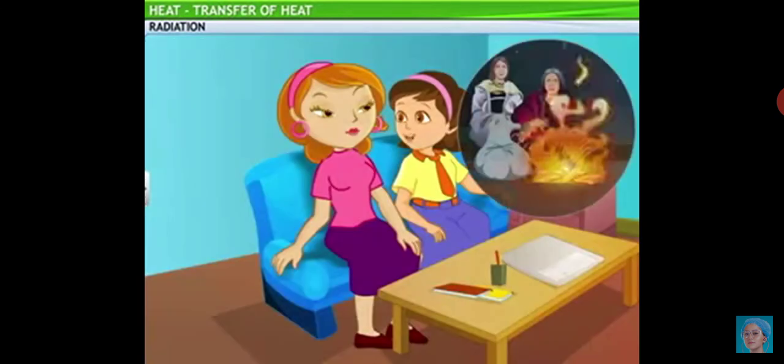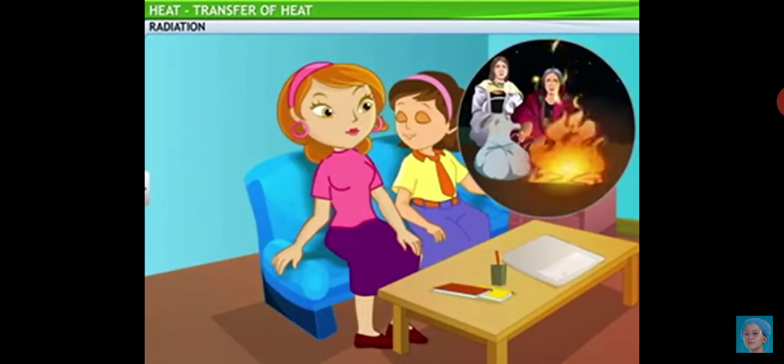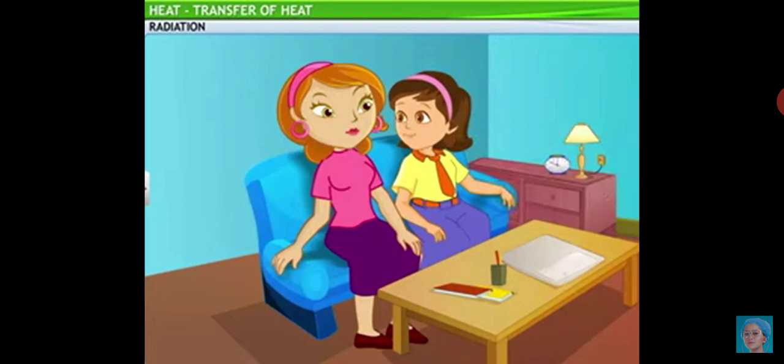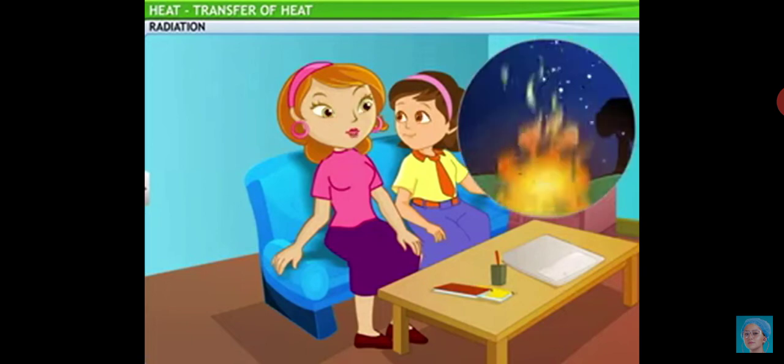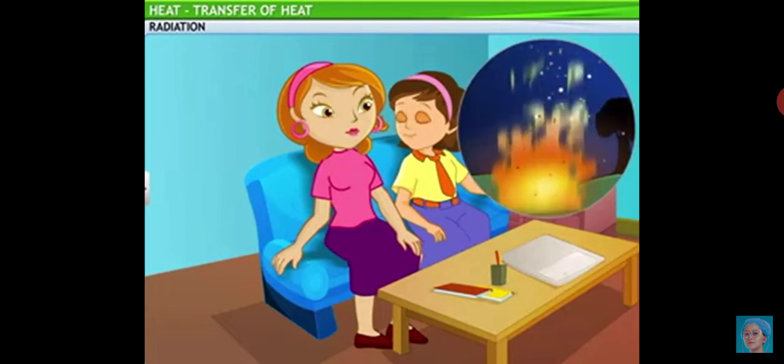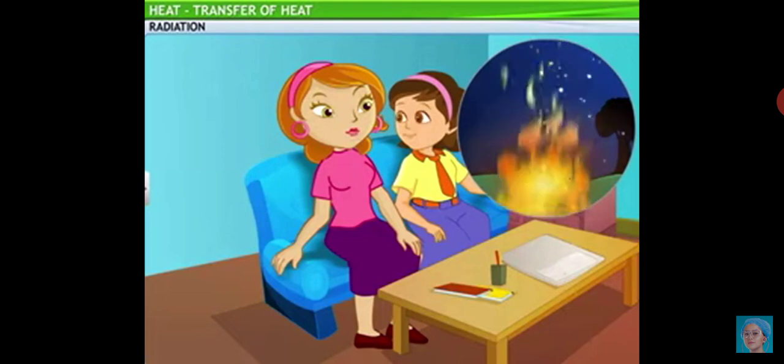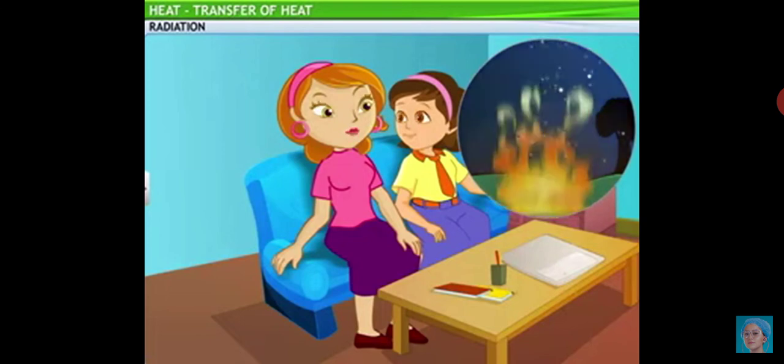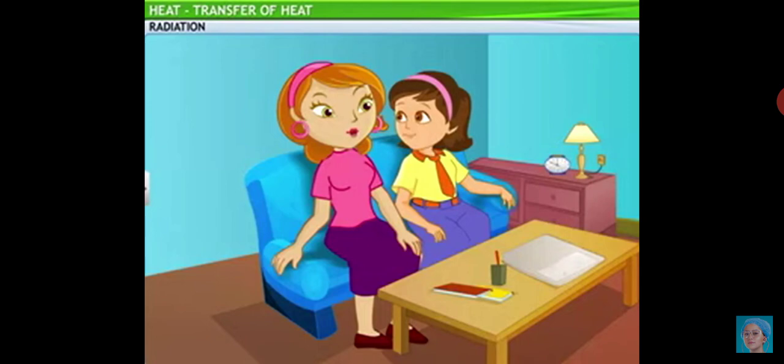So when we sit near a bonfire in the winters, we feel the heat of the flame through radiation? That's right. You may have noticed particles of ash flying up in the bonfire. That's a result of convection. The air above the flame becomes hot and rises, taking the particles of ash with it.